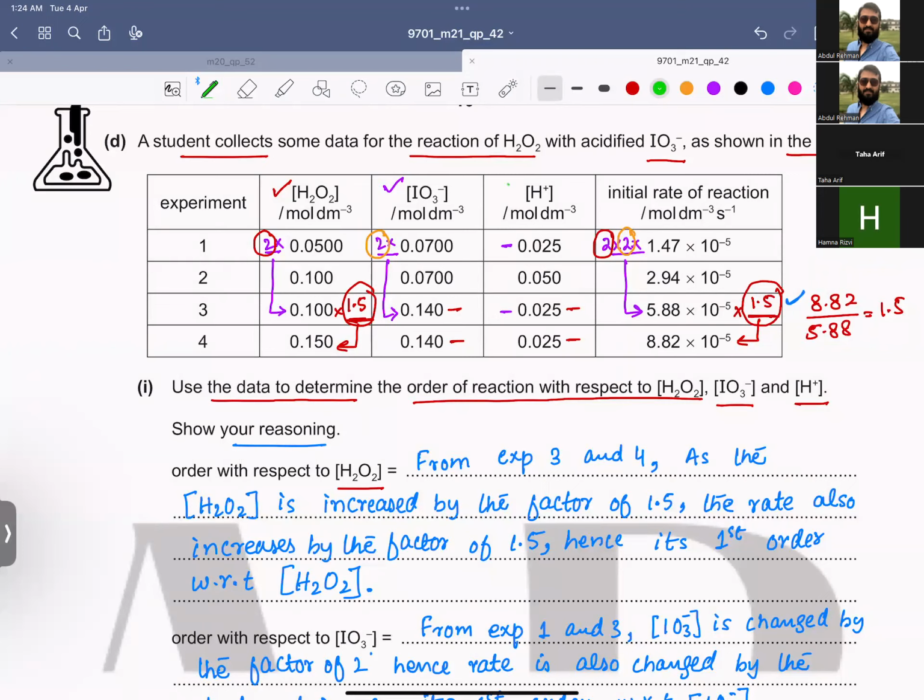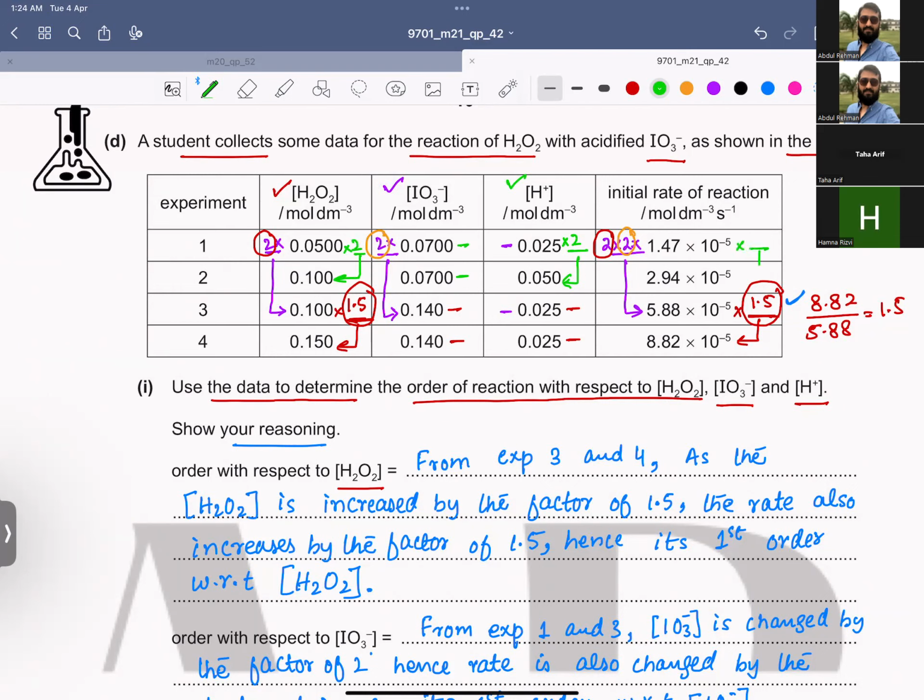Okay, let's take experiment 1 and 2. Here the concentration of hydrogen is changed by 2, iodate remains the same, and the concentration of hydrogen peroxide is also changed by 2, right?